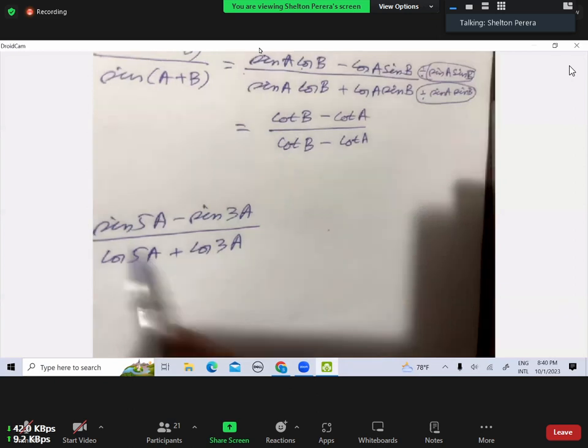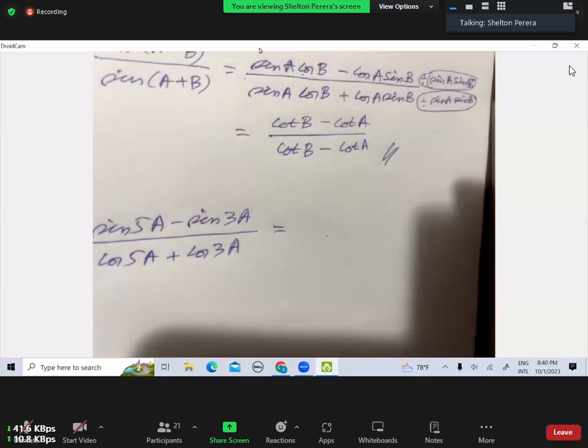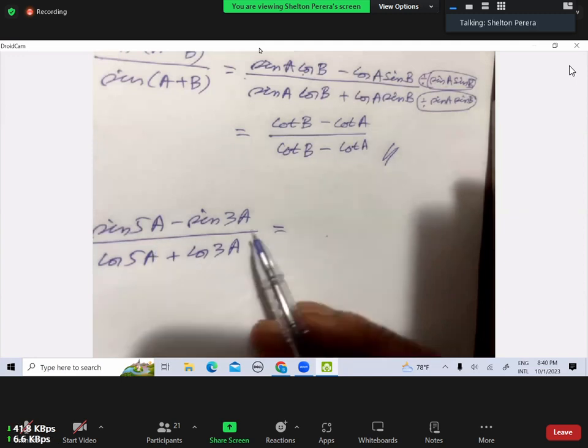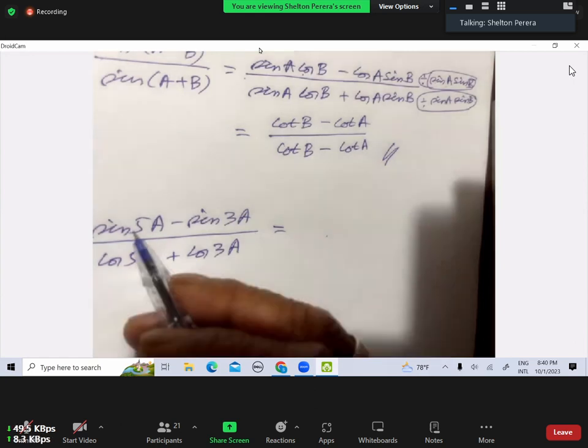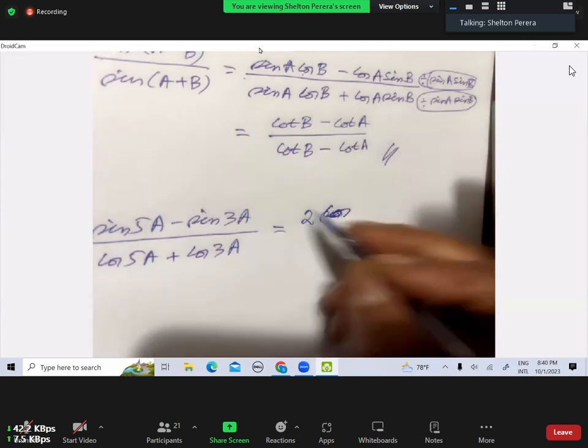Fourth part, the last part of that: sin 5A minus sin 3A. From the formula sheet for sin minus sin, it is 2 cos of A plus B over 2, that is 5A plus 3A over 2, times sin of this minus this over 2.